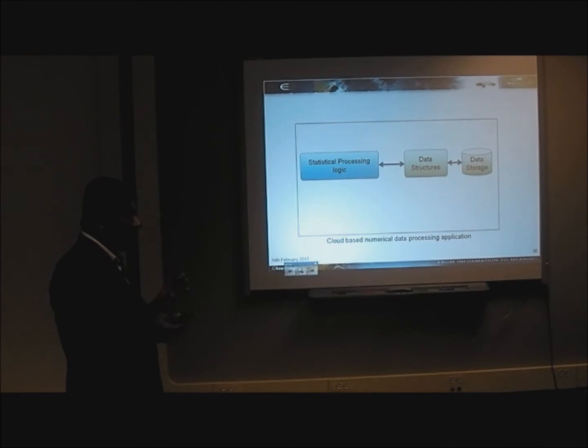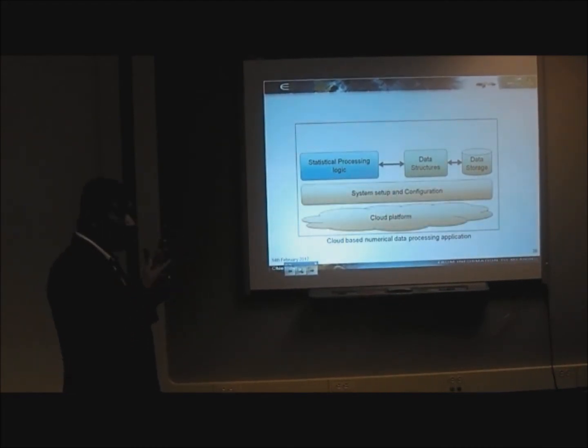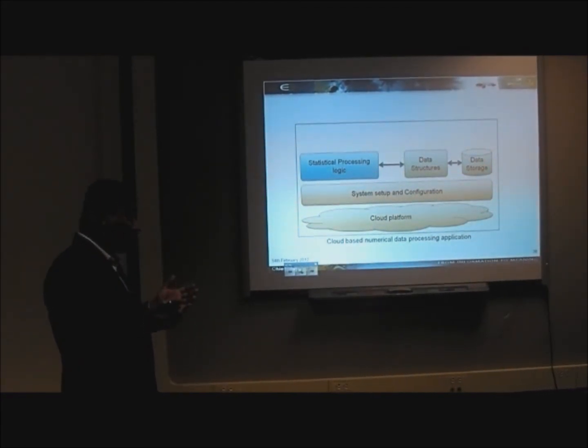That's obvious. When you deploy this in the cloud, there is a system configuration that you are worried about. It may be a very explicit system configuration if it's an infrastructure cloud. It may be somewhat implicit or not very detailed when it comes to a platform cloud. But there's some sort of configuration that you have to do in terms of the platform.